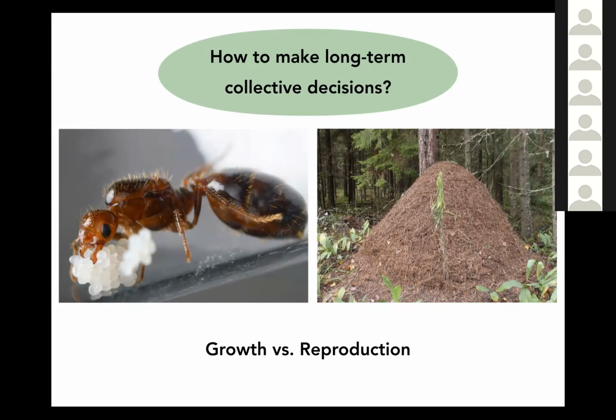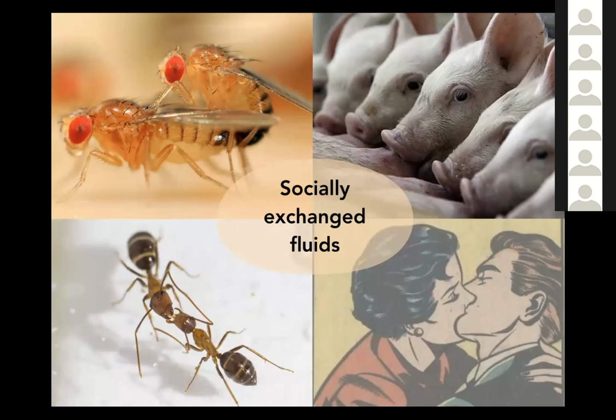So where in biology can we find these kinds of answers? And the place that I tend to look is at socially exchanged fluids. Social fluid exchanges tend to only occur in really important biological behaviors, things like mating and parental care. These are situations where an important cargo needs to be transmitted from a donor to a receiver over a private communication channel.